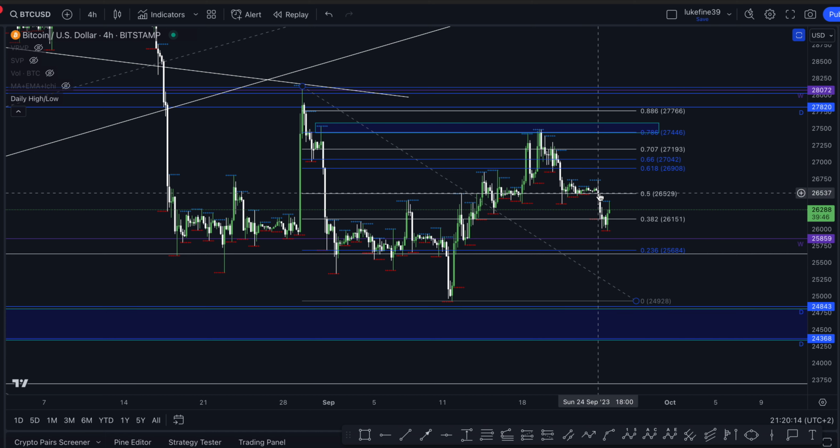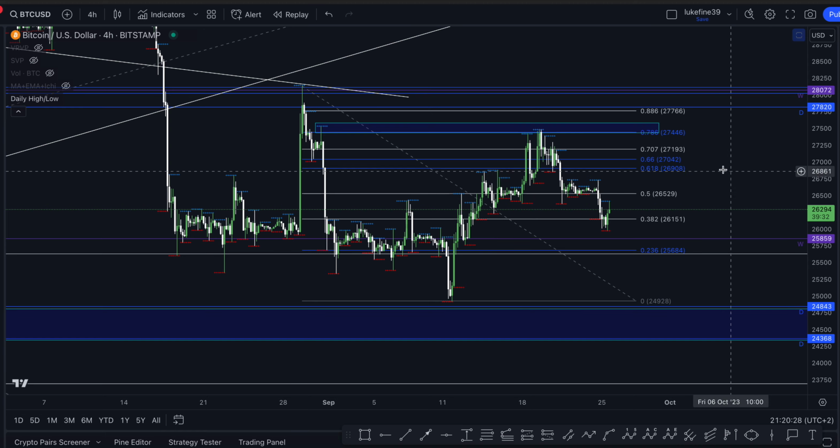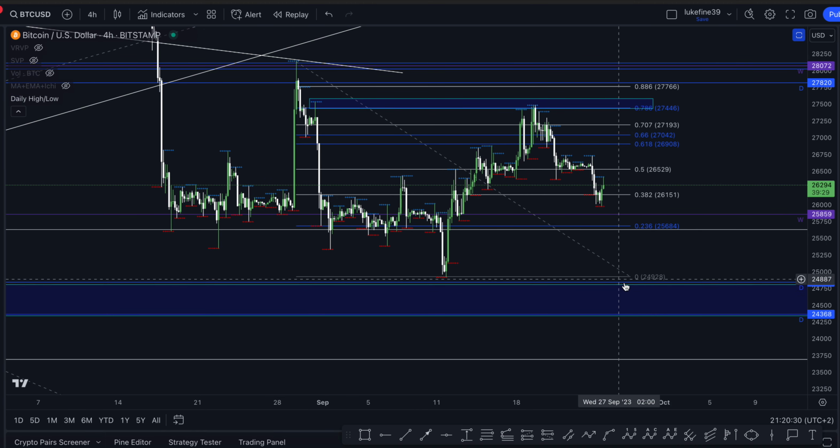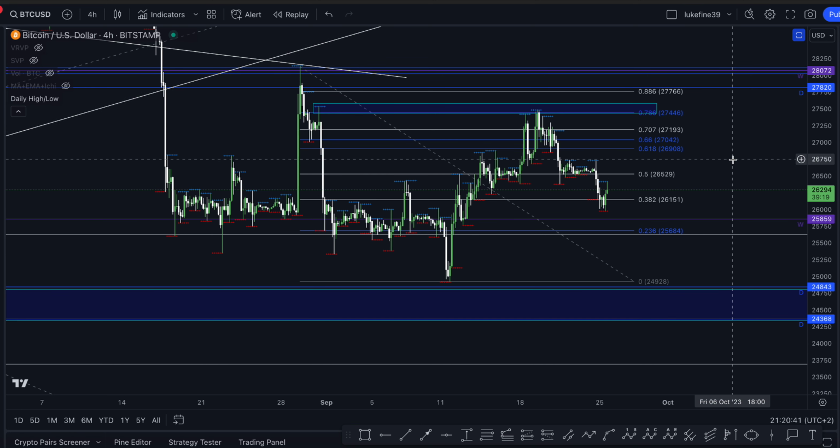Then we had the weekend liquidity sweep from this sideways price action for the early shorters to come out, and it dumped. Now it's bouncing until 26.5 turns to support. We're looking at at least the 24.8, 24.9 level, and then we'll see what happens and if we move down to the CME gap. So that's my opinion in a nutshell.